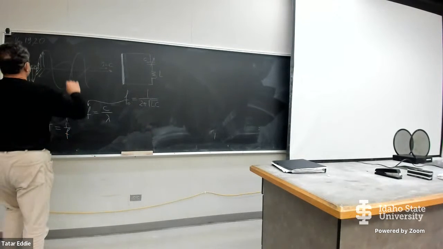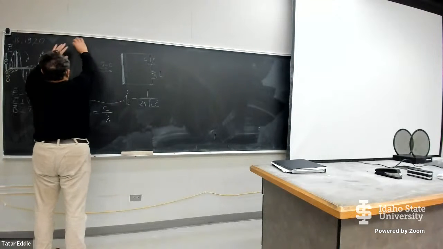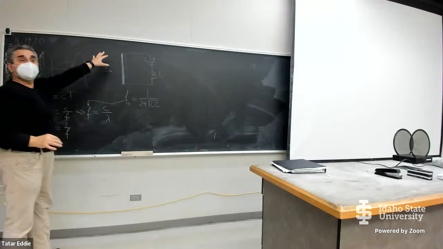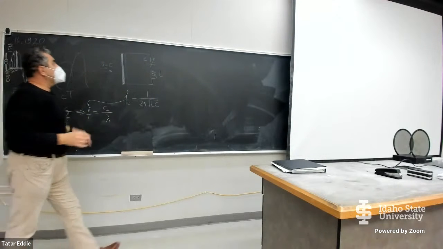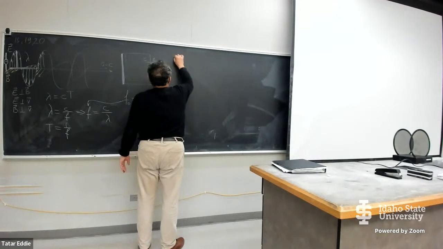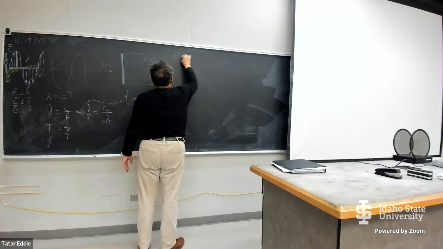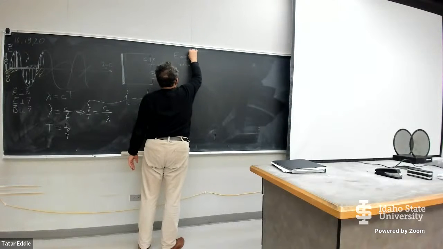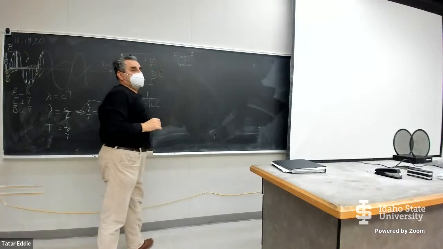Because look, here, if you consider some volume of space like this, you have the amount of energy per unit volume, and let's say the amount of the electric part of the energy.